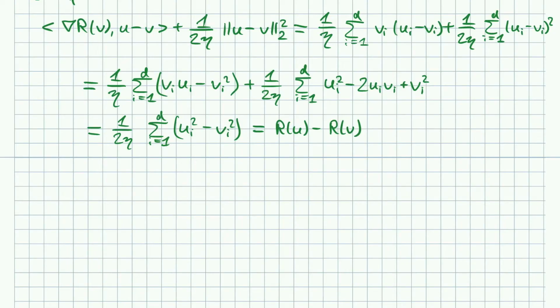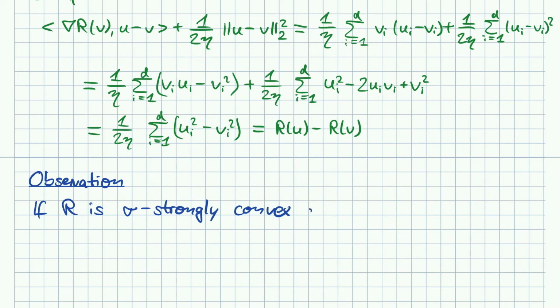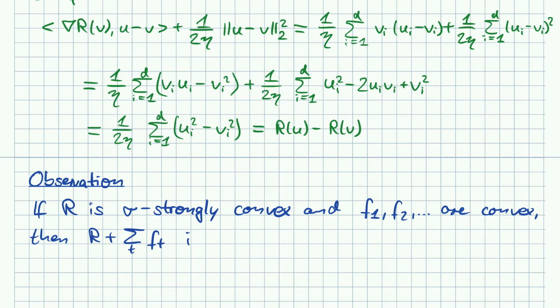And this is the following observation. If R is sigma strongly convex, and f1, f2, and so on are convex, then R plus the sum of the f is sigma strongly convex.